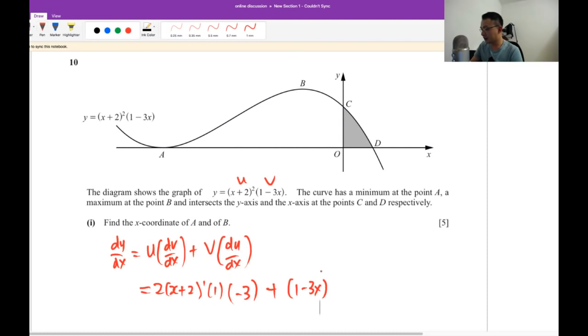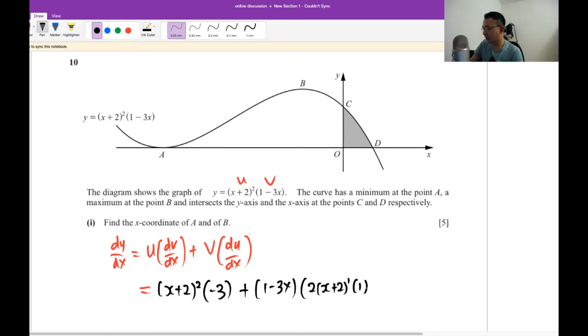Oops, sorry, I did it wrong. You must copy the u only, x plus 2 squared, and then dv/dx, which is negative 3, plus v, 1 minus 3x, and differentiate u, which is 2 times x plus 2 power 1, multiplied with 1.